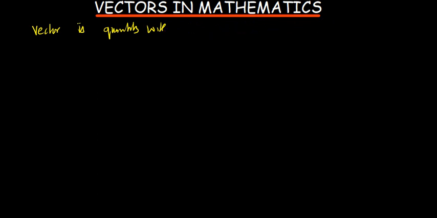Now let's say we've been given 2 points, point P and point Q. Point P is given as 3 comma 1, and point Q is given as, let's say, 4 comma 2. Let's try to put these on a Cartesian plane, the x-y plane, and see how they are going to be.